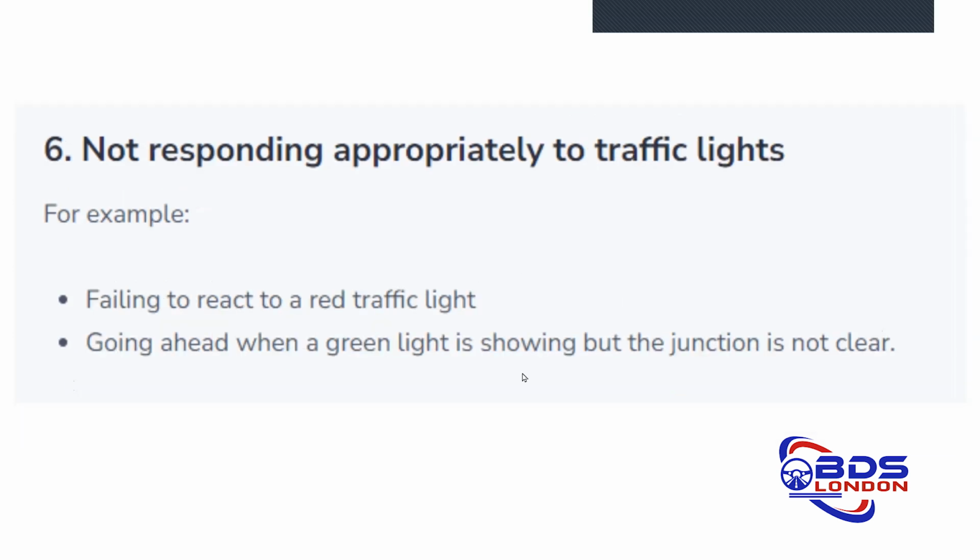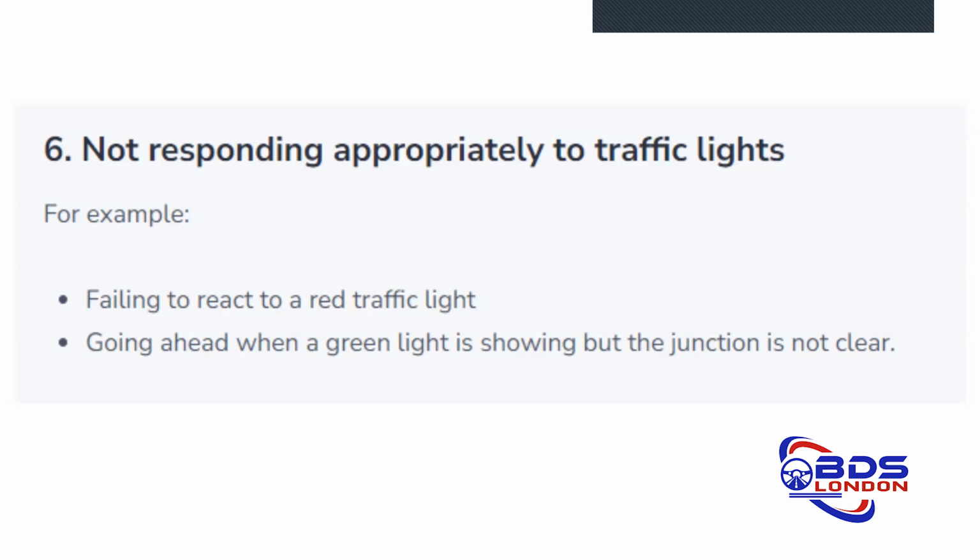Not responding appropriately to traffic lights. Again, I think this comes down to identification more than it comes down to observations. Because if you're approaching a crossing or a zebra crossing or a traffic light where it's traffic controlled, a puffin crossing or any of those sort of situations, identifying what you're dealing with should give you the correct response for your observations.